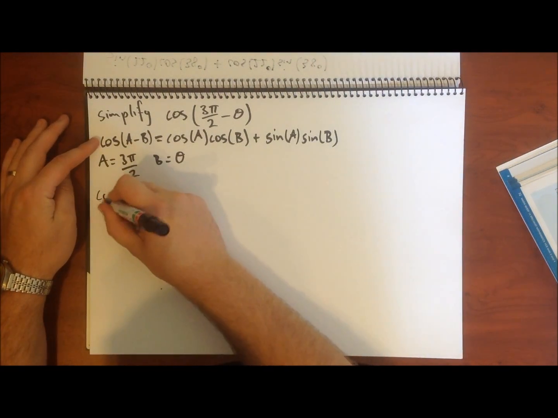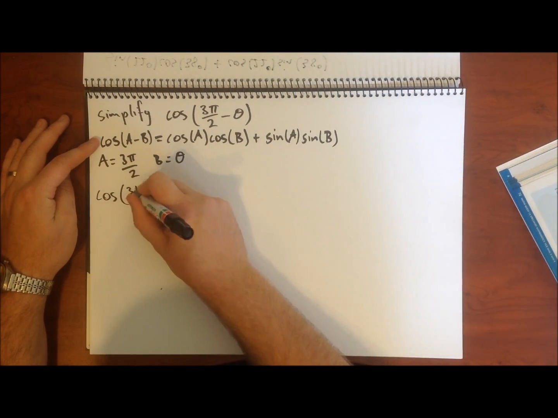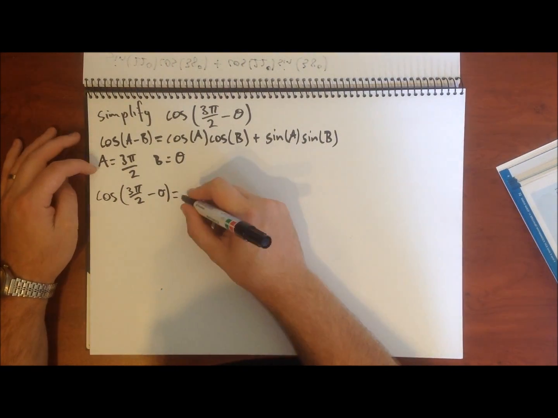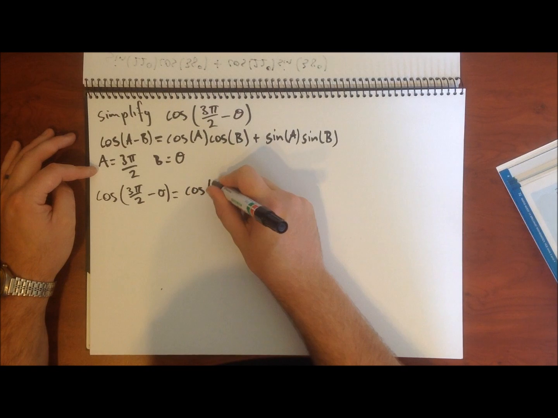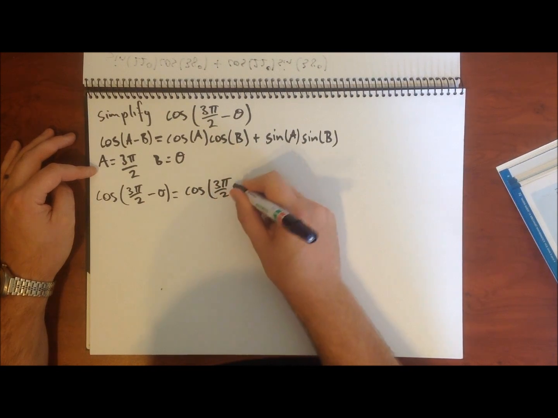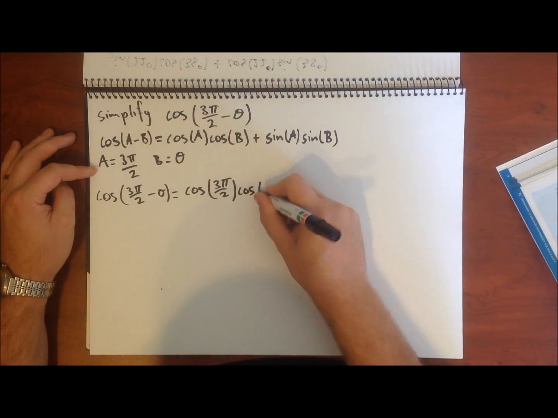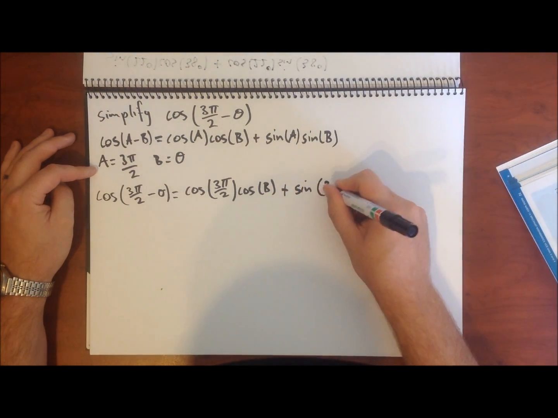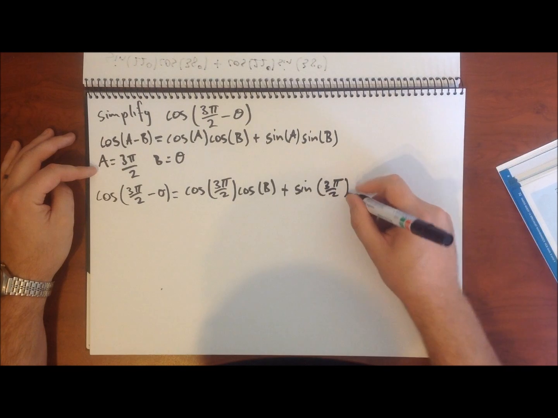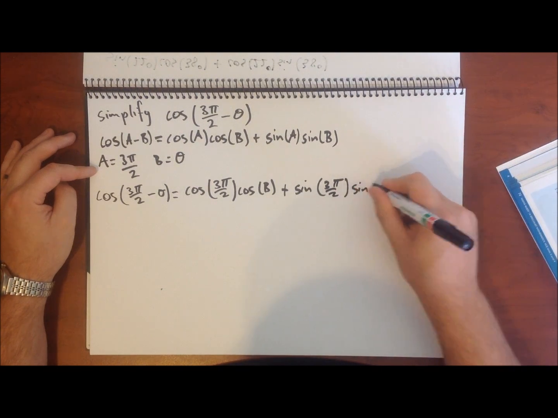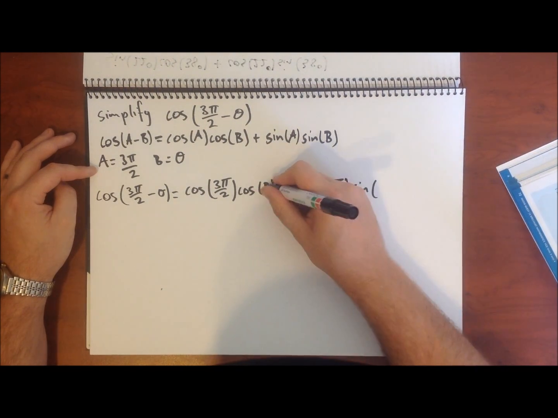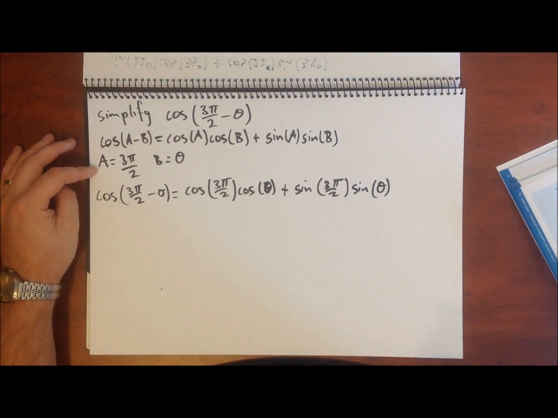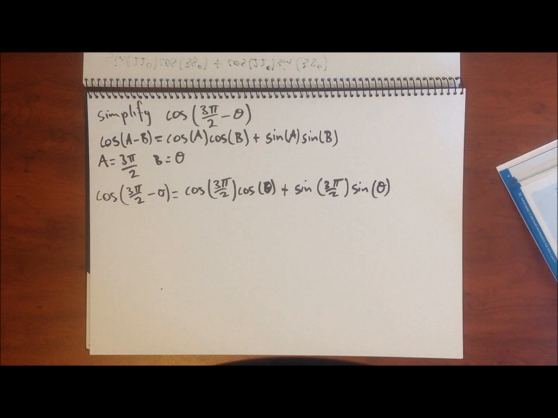So we know, starting off with cos of 3 pi on 2 take theta, that's equal to cos of 3 pi on 2 cos of B plus sine of 3 pi on 2 sine of, I'll say that B shouldn't be B, that should be a theta, sine of theta, because B is equal to theta.